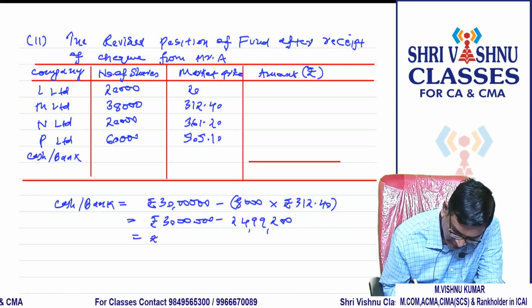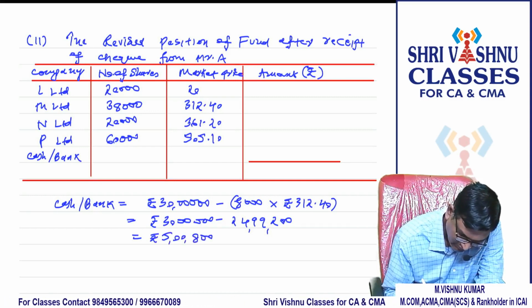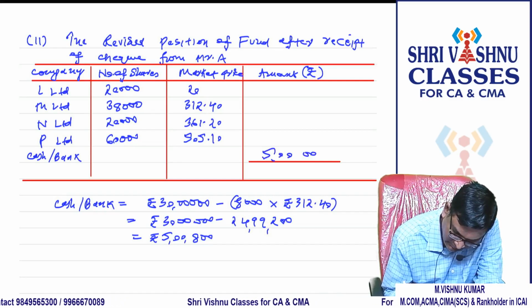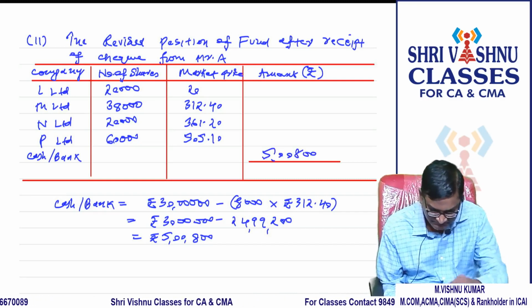Cash balance is 5 lakh 800. 5 lakh 800 is cash.